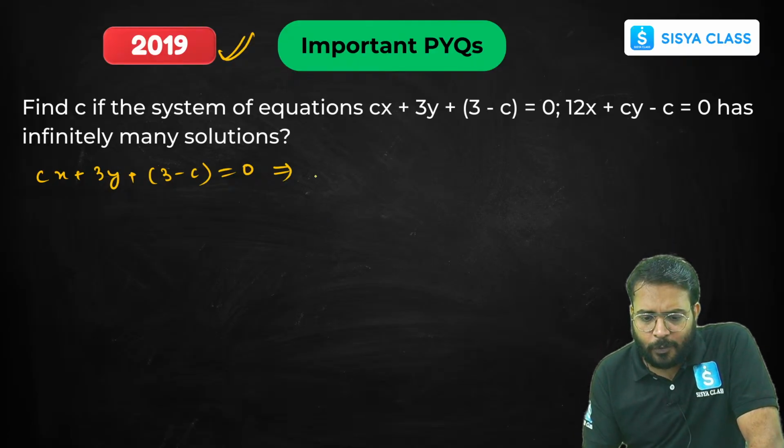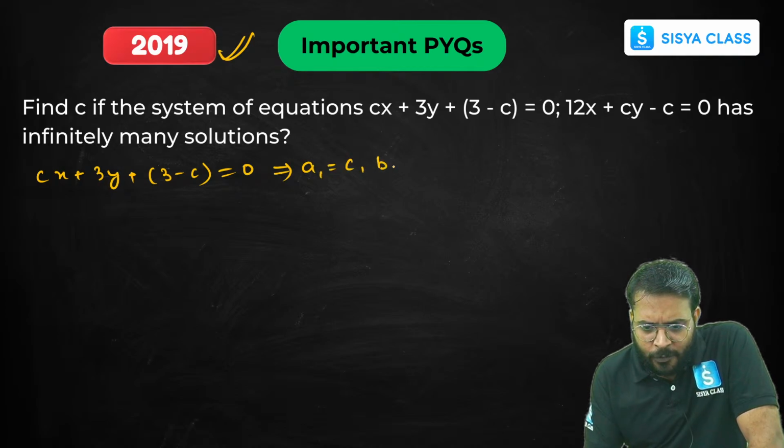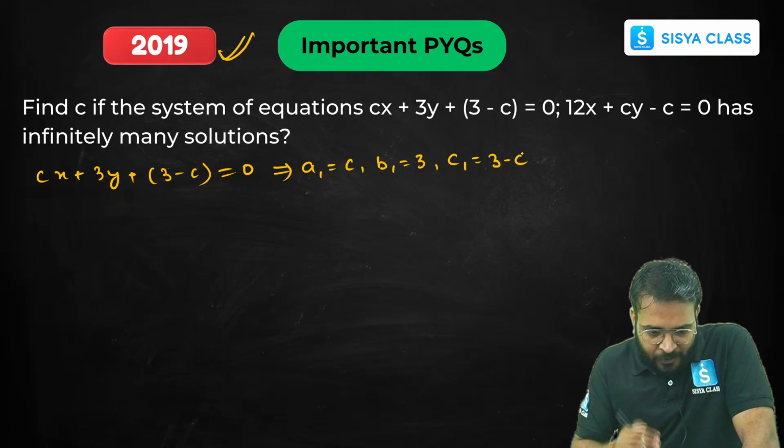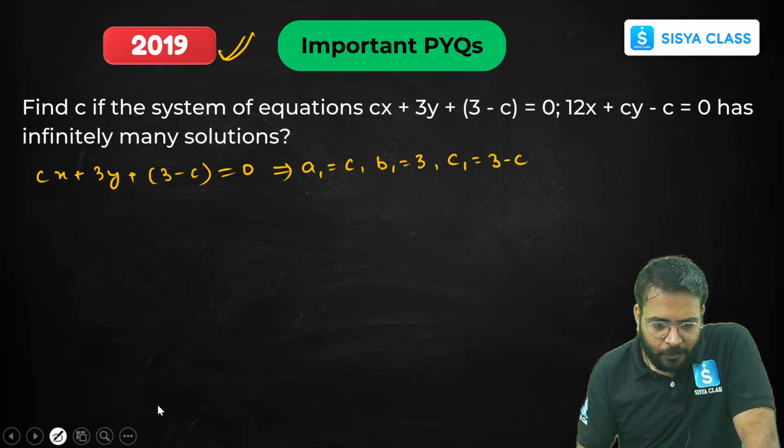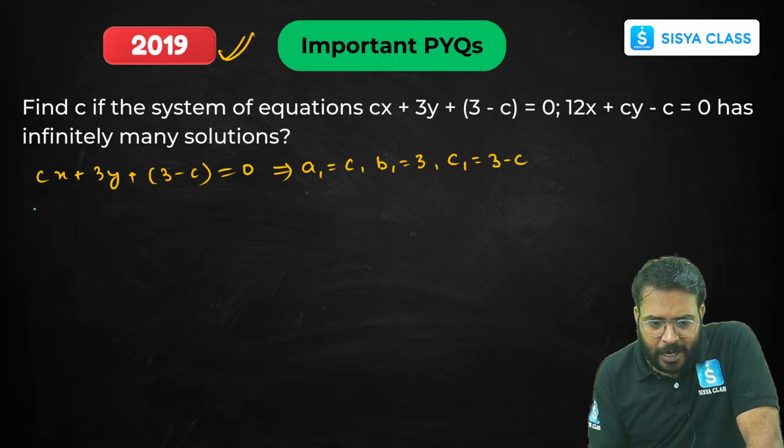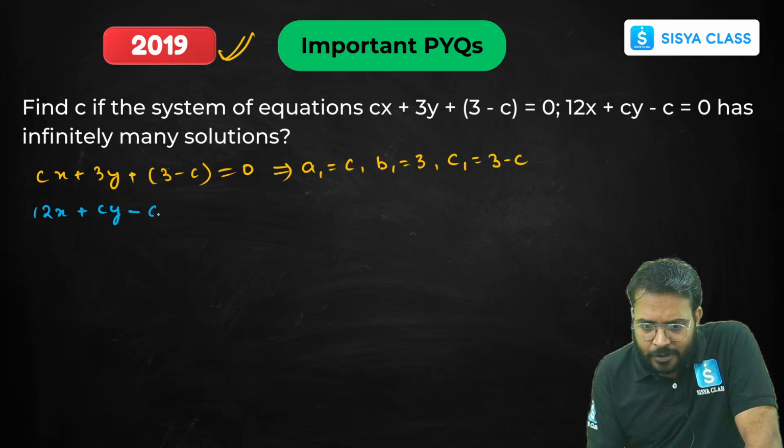So here a1 is c, b1 is 3, and c1 is 3 minus c. What is my equation 2? It is 12x plus cy minus c equal to 0.